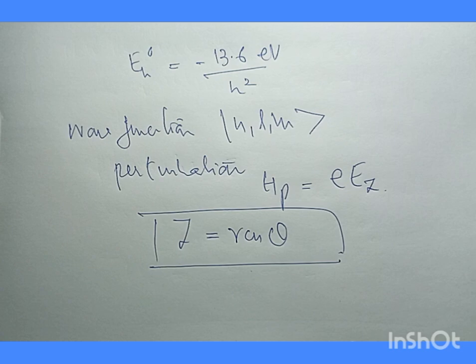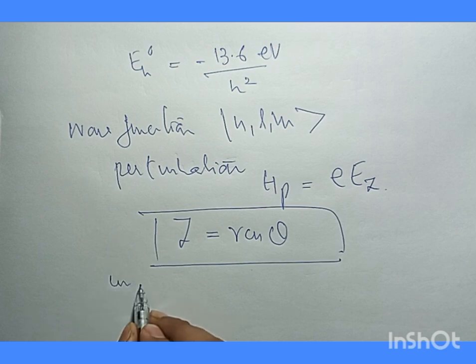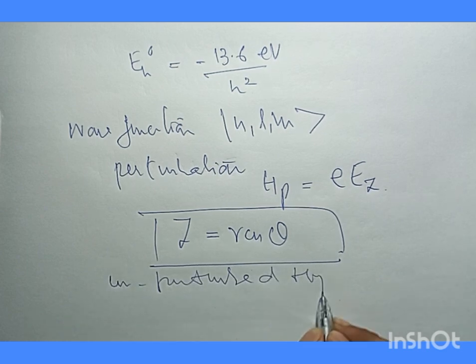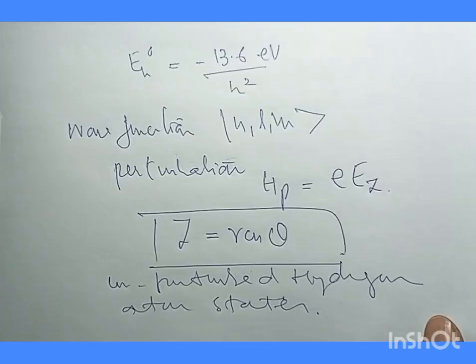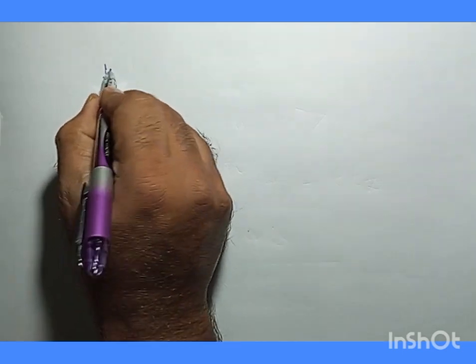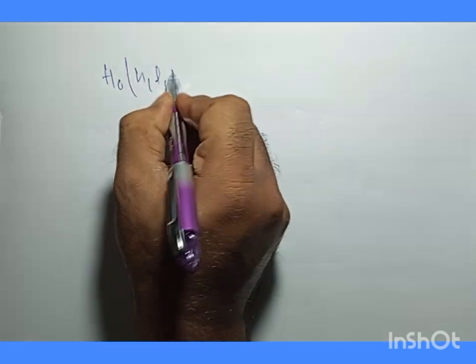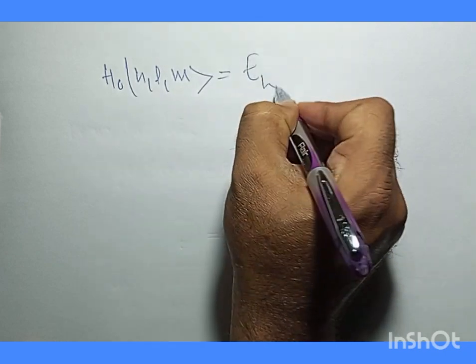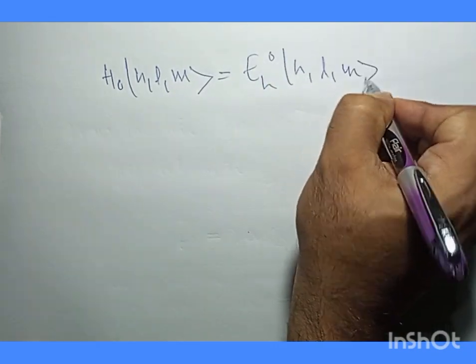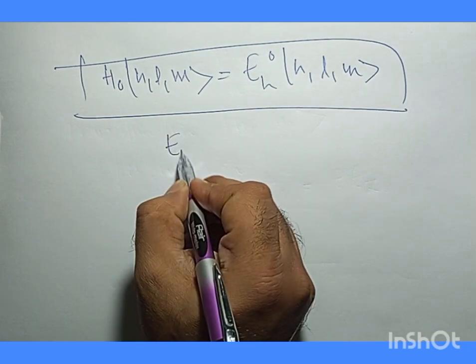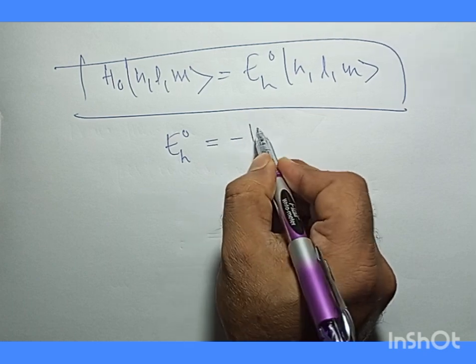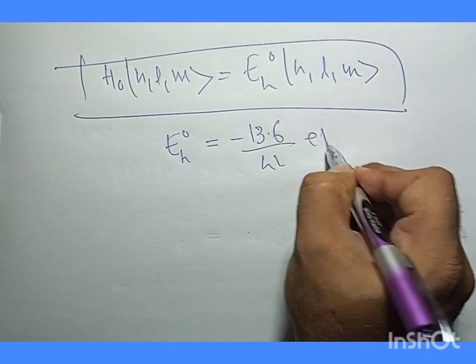If I go back to the unperturbed hydrogen atom states, I can write H naught acting on the state n, l, m gives En naught times n, l, m, where En naught is minus 13.6 divided by n squared electron volts.